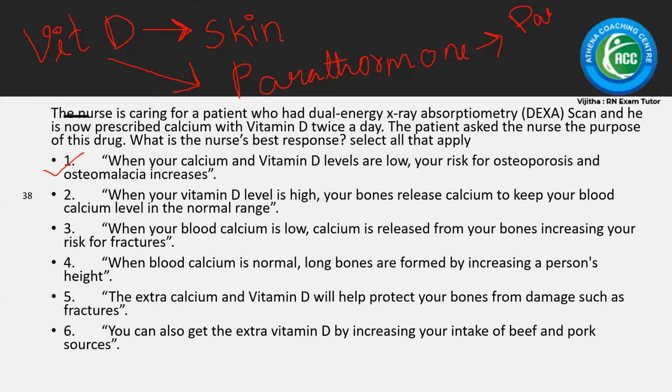Fine. What is the parathyroid gland? It is a gland found in the thyroid gland. There are 4 parathyroid glands. So the parathyroid gland produces parathormone, and this parathormone helps to absorb calcium and phosphorus. So parathormone helps to balance calcium as well as phosphorus.